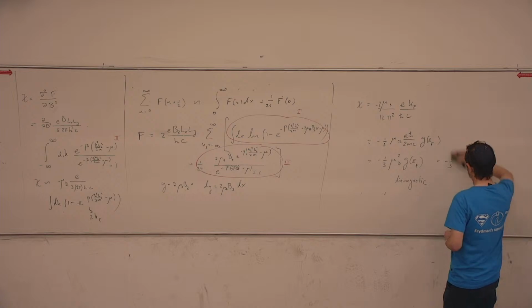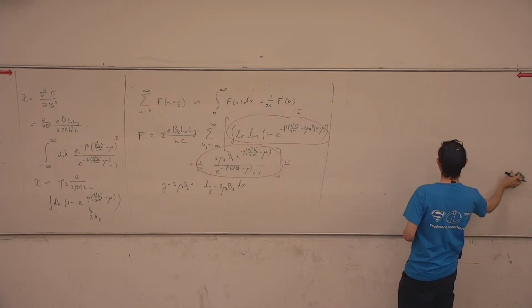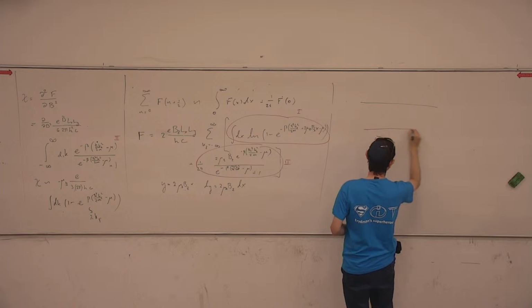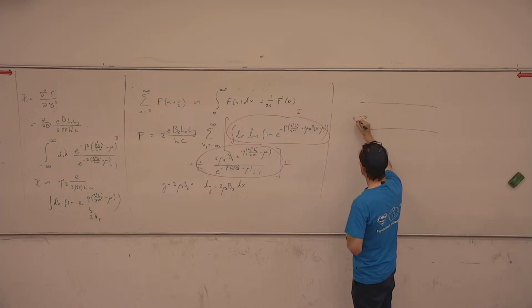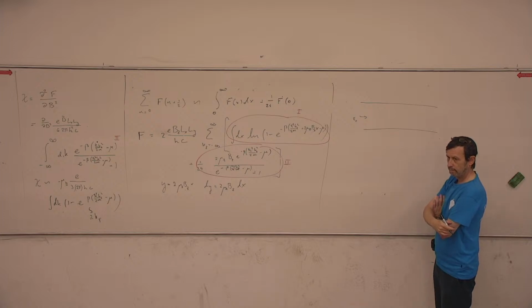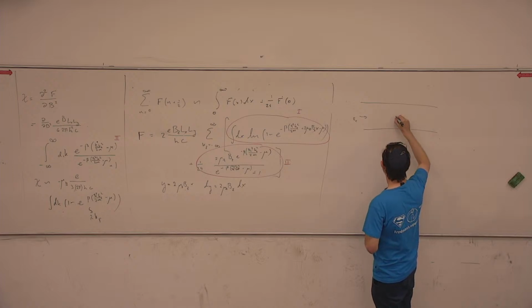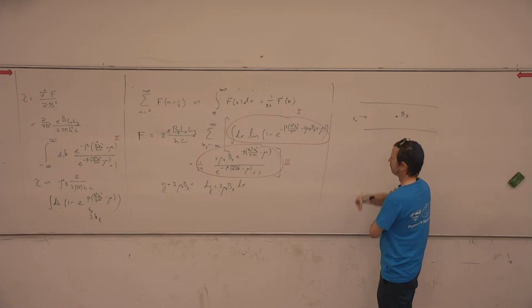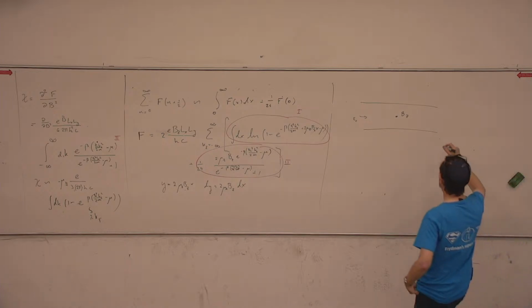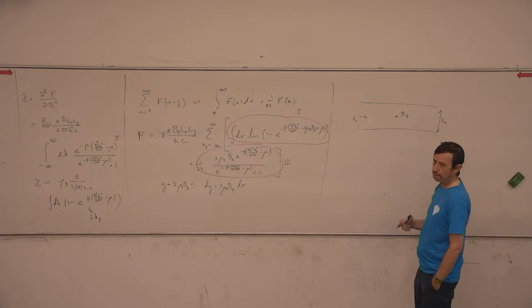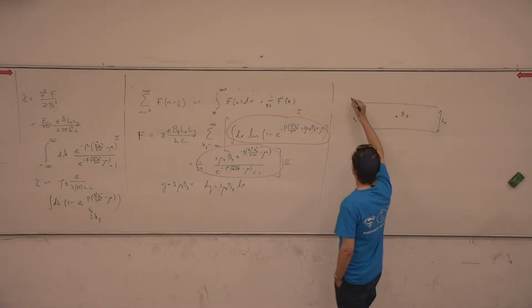So, that's the whole strip geometry, because it's finite in the x direction and finite in the y direction. And it's 2D in this case.